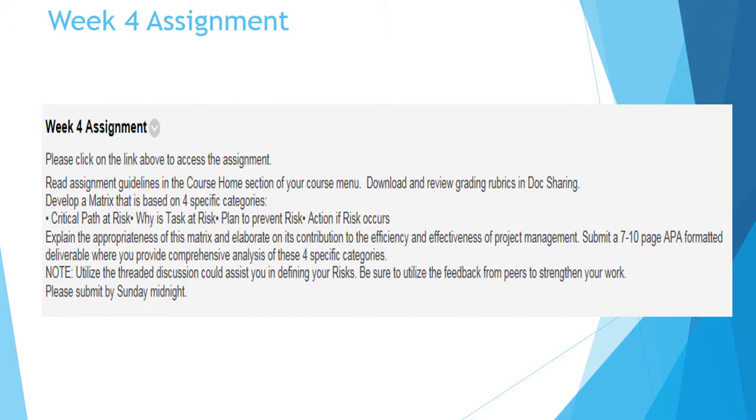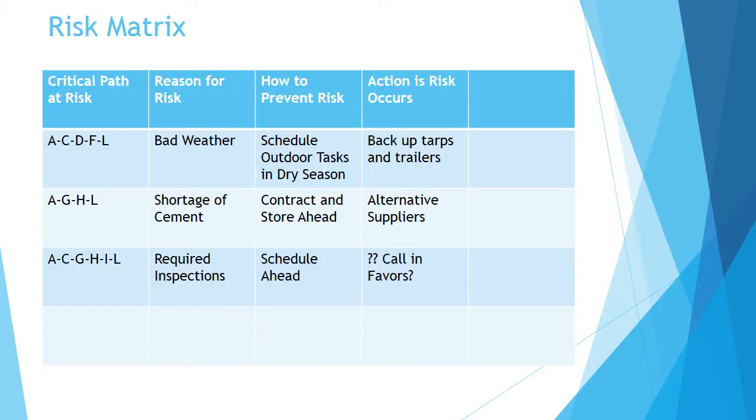So, for this particular assignment, we're going to be looking at a matrix, something like this, where you're going to be identifying the particular critical path that the risk is situated on, and then the reason for the risk, and then how to prevent the risk, or if the risk still happens, what else you're going to be able to do, what's your backup plan.